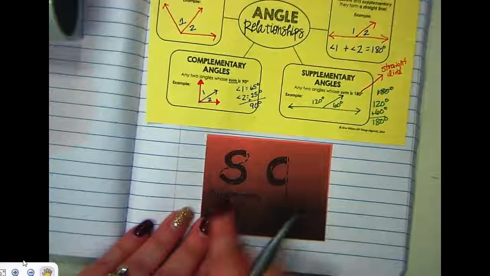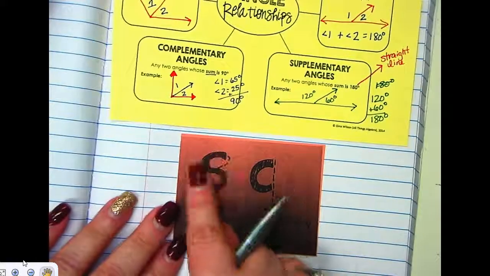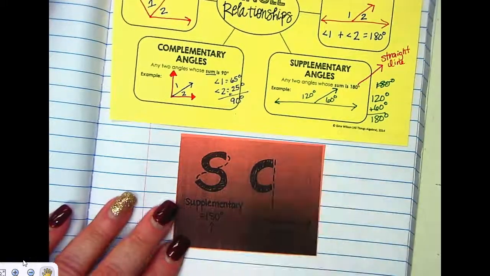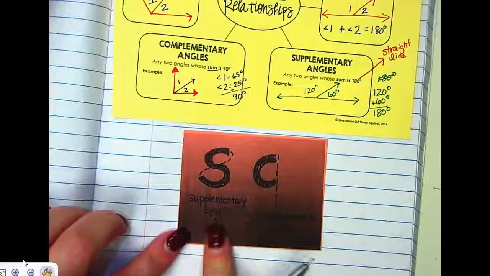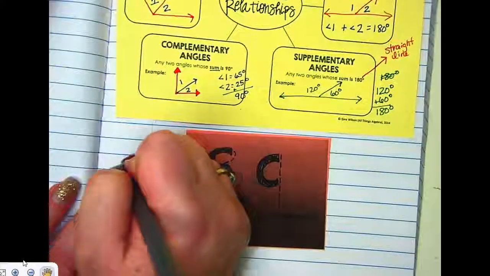So the last thing is this right here. These are helpful hints for me to remember the difference between complementary and supplementary. So supplementary, the S from the supplementary, if I continued this right here, that would make an 8. Supplementary equals 180. You have to remember that. That's how I remember it.